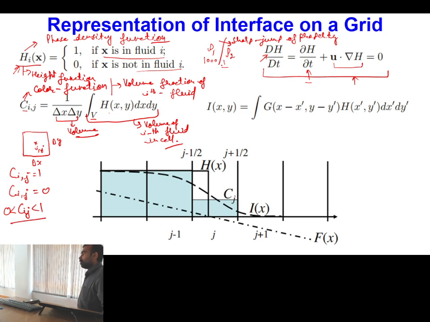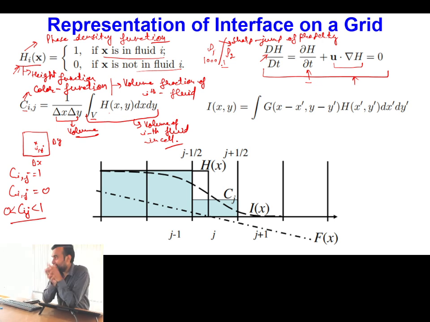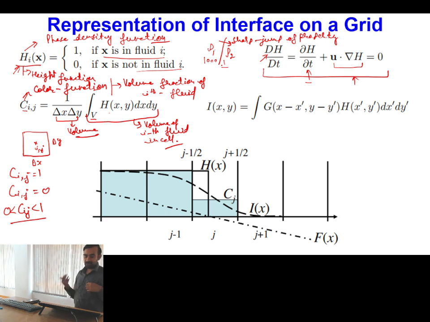So if I use this sharp interface description using the height function and implement it in my numerical solver, because of the sudden jump in property at the interface, I will have numerical errors.